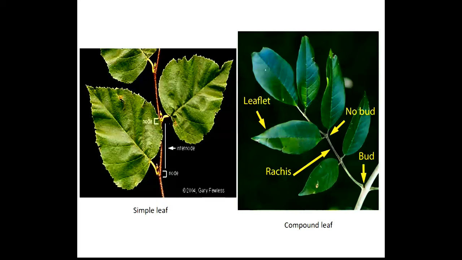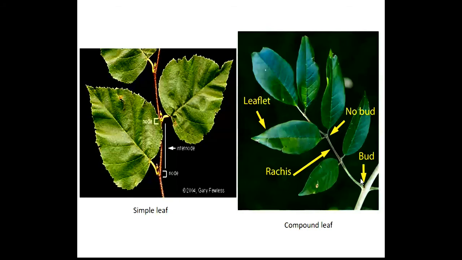In case of simple leaf, this is the... Sir, yes, please. Is rachis seen only in compound leaf? Yes. Okay, thank you. So this is one simple leaf, and at the right, this is the example of compound leaf.